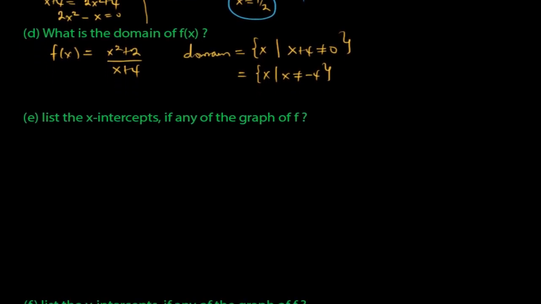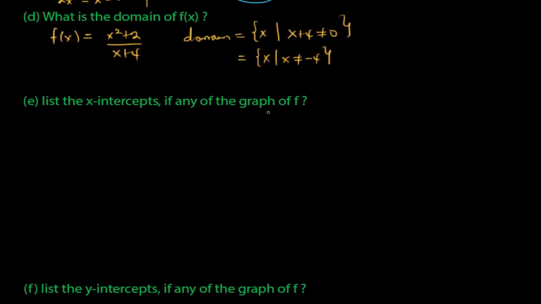Then it says list the x-intercept, if any. Now you recall that to find the x-intercept, all we do is set y equals 0. The x-intercept is where the graph crosses the x-axis, or we say the x-intercept is just the x value when y equals 0.